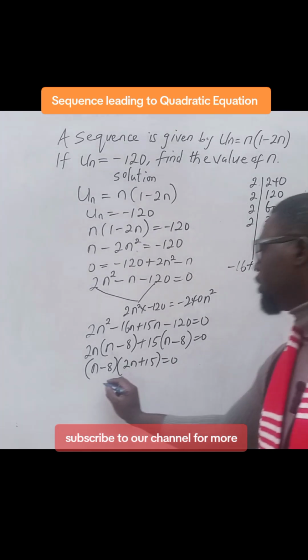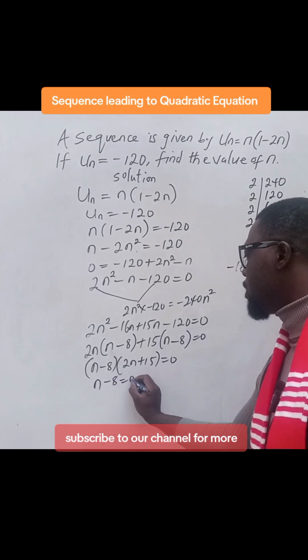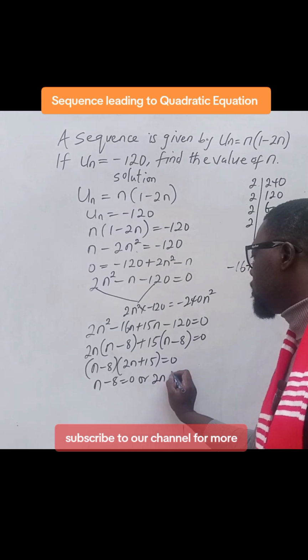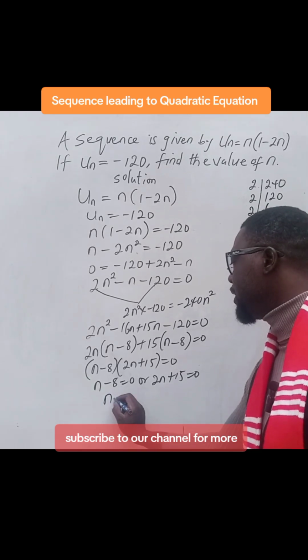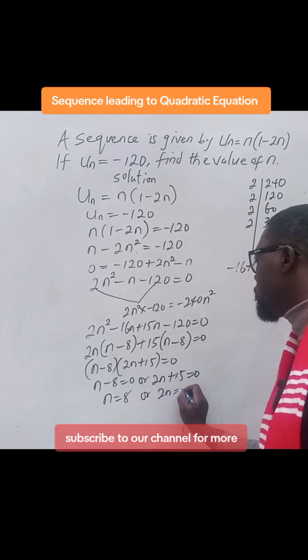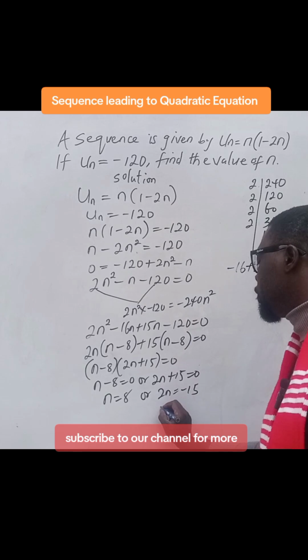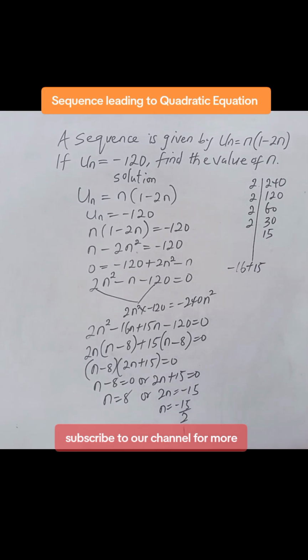So quickly we have n minus 8 equals 0, or 2n plus 15 equals 0. So we have n equals 8, or 2n equals minus 15, which will give us n equals minus 15 over 2.